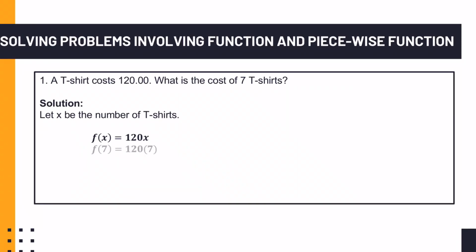That would be f of 7 is equal to 120 times 7. F of 7 is equal to 120 multiplied by 7. Hence, f of 7 is equal to 840. Therefore, the cost of 7 t-shirts for 120 pesos each is 840.